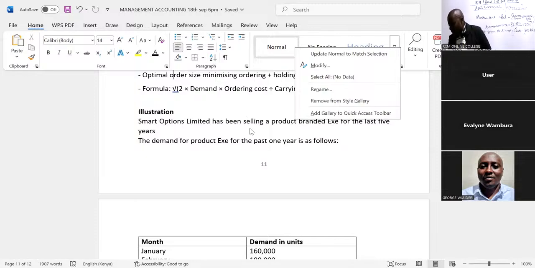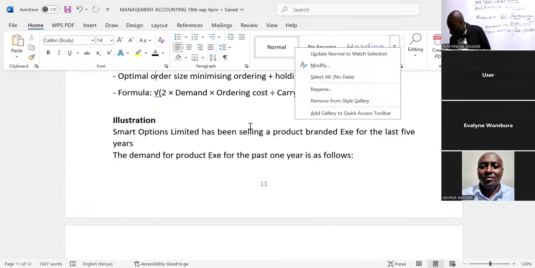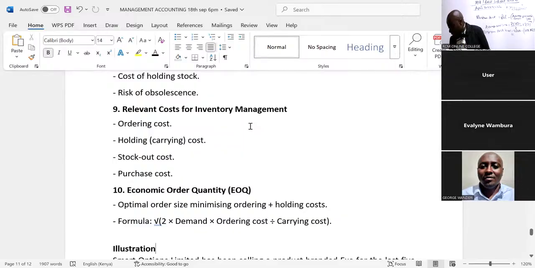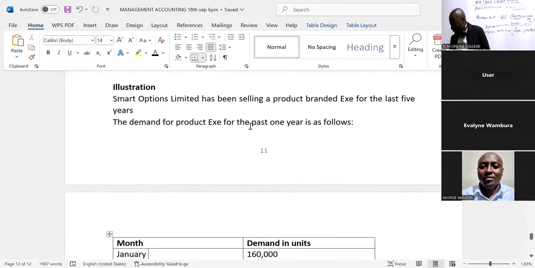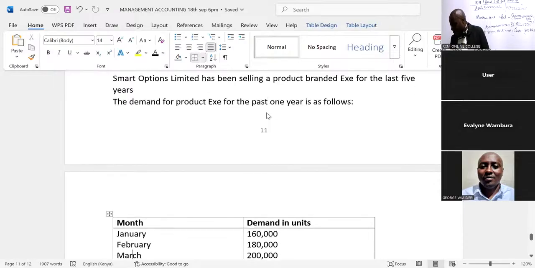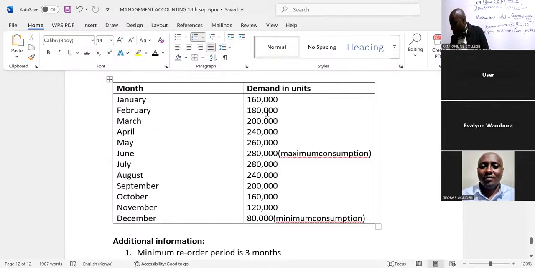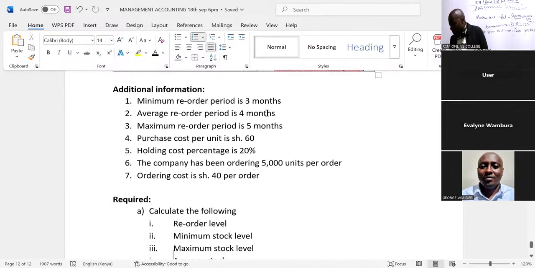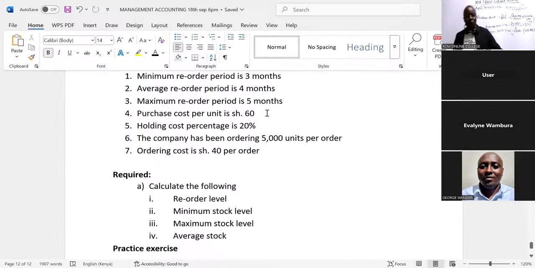We are told Smart Options Limited has been selling a product branded X for the last 5 years. The demand for product X for the past 1 year is as follows. I can see months all the way to December, I can see additional information, and they want me to calculate the reorder level.